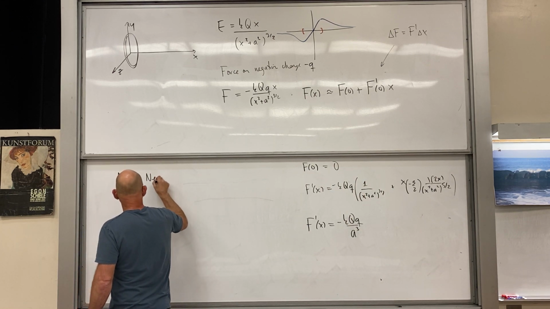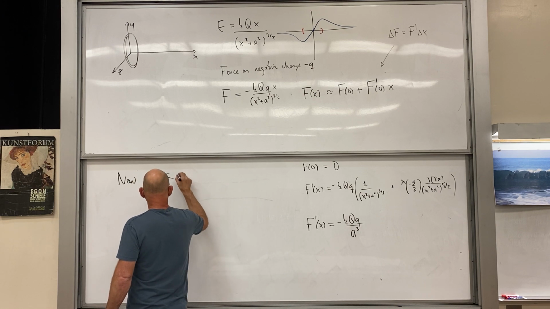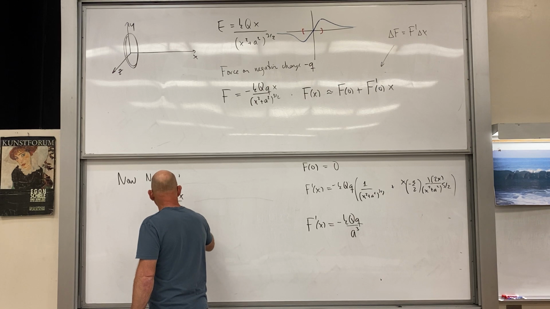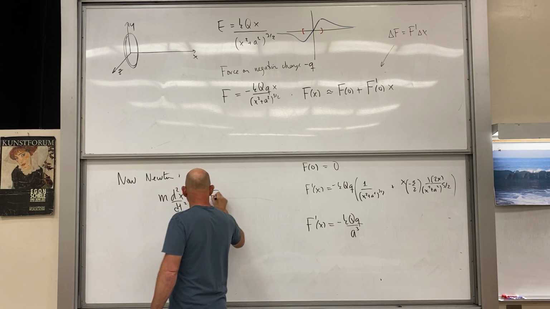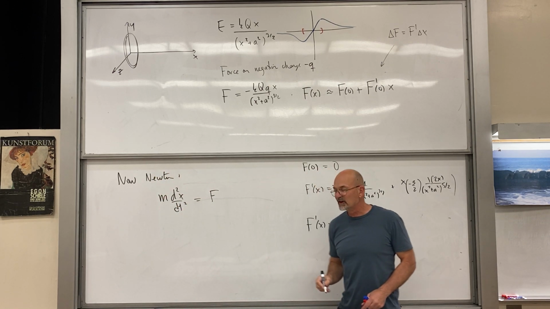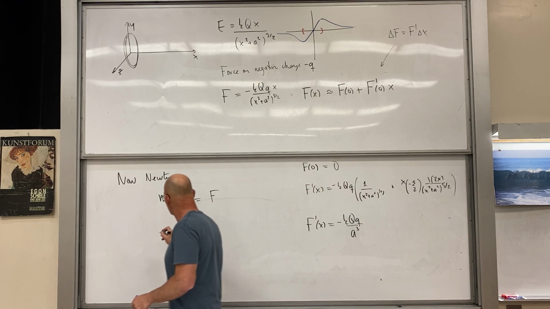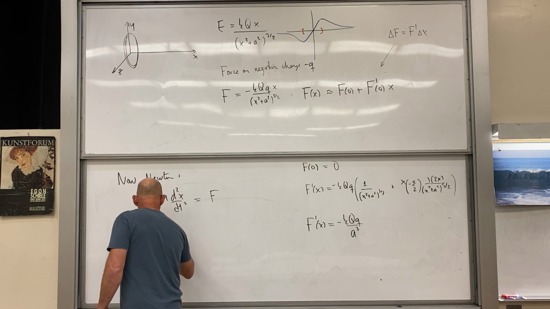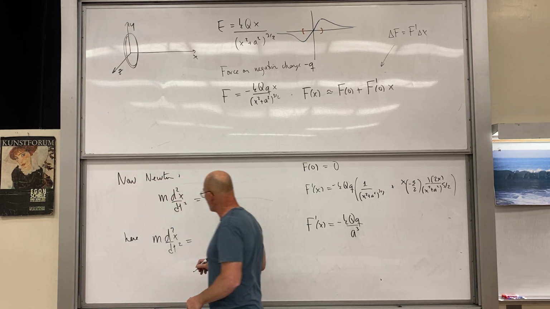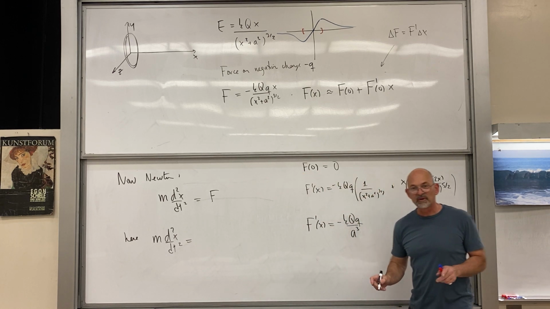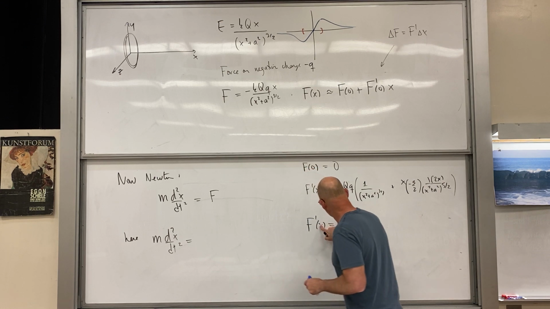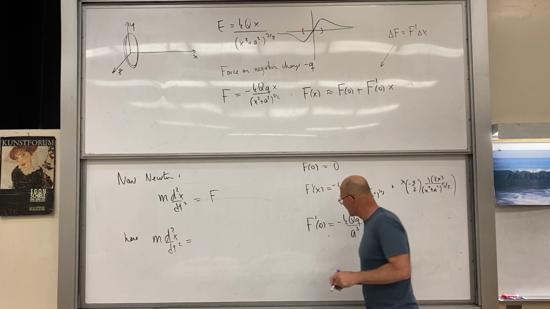Now we'll do Newton's law. Mass times second derivative with respect to time is equal to force. Mass times acceleration equals force. Here we have mass times acceleration. This is from your oscillations chapter in Physics 4A. It is equal to the force, f prime of 0 x. Got that?